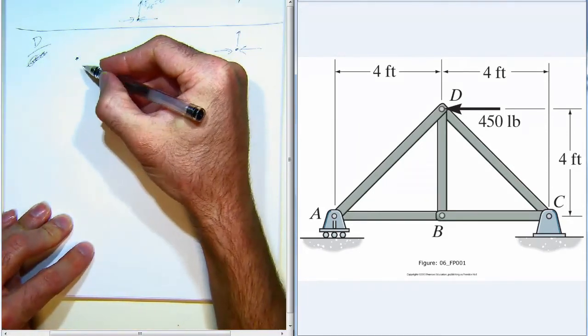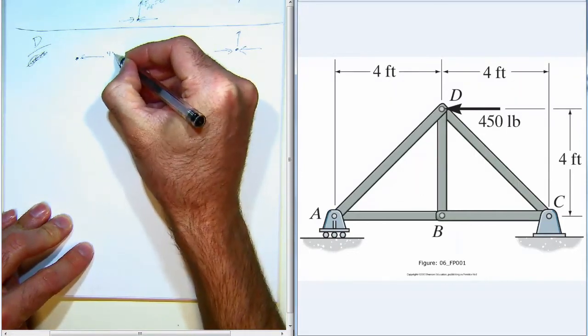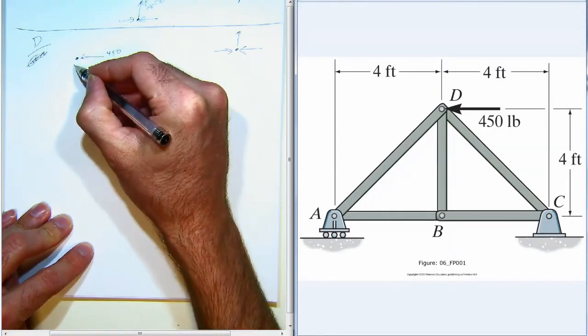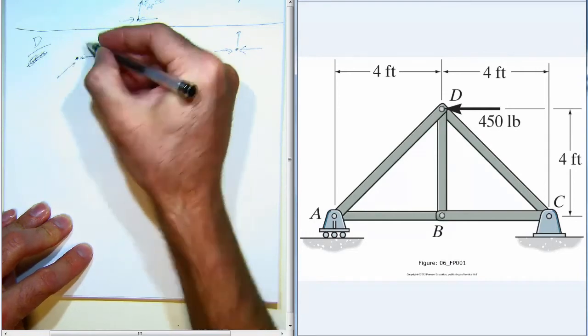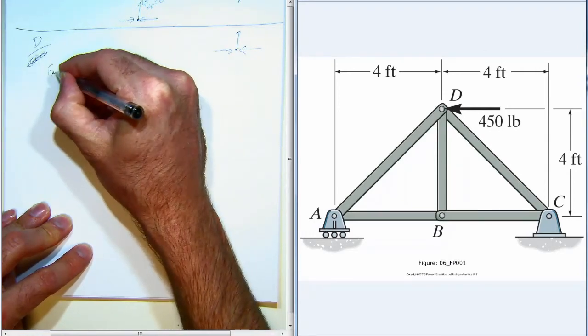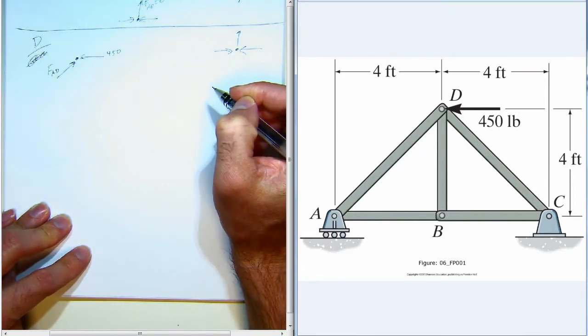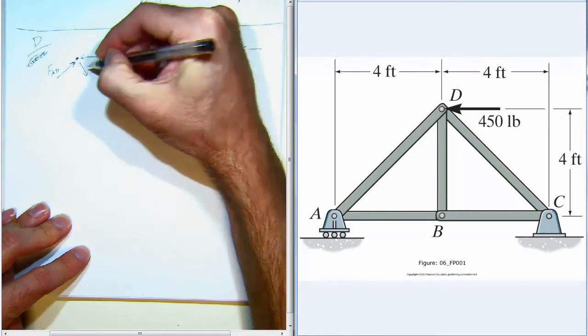We know we have a horizontal force of 450 pounds. BD was 0, so I'm just going to assume compression for AD. FAD is compression, and I'll assume tension for CD.